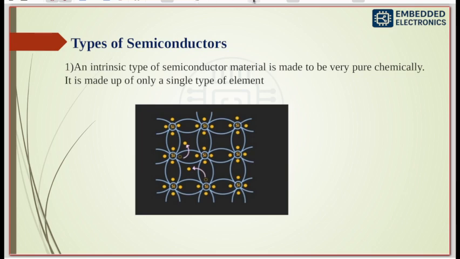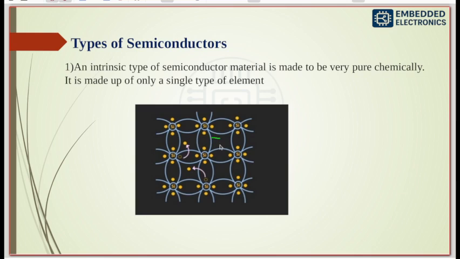See here, 8 valence electrons. So in this way, by sharing electrons, these silicon atoms form covalent bonds. These are nothing but the covalent bonds. This is called the covalent bond.